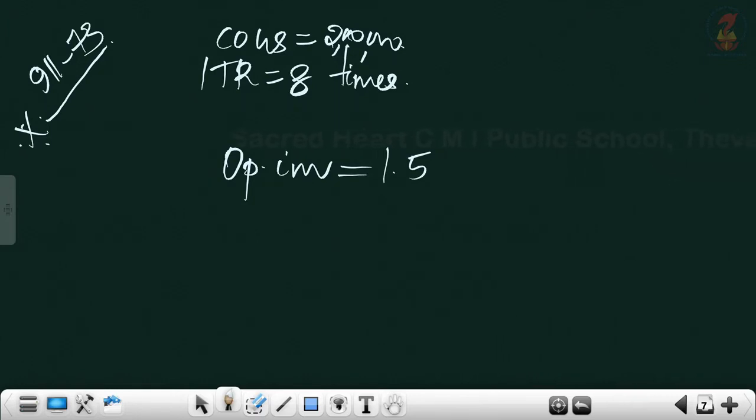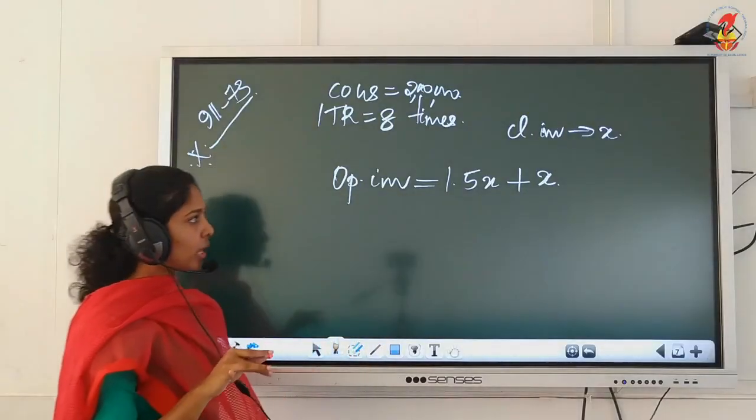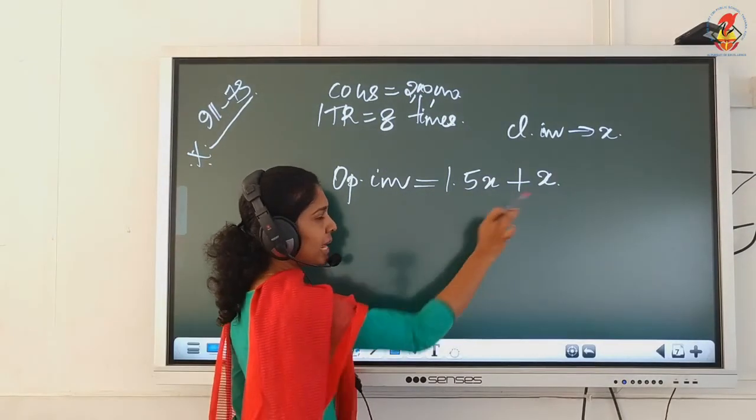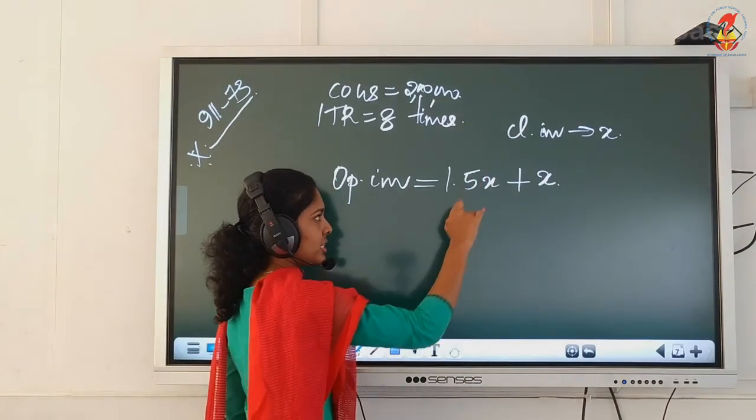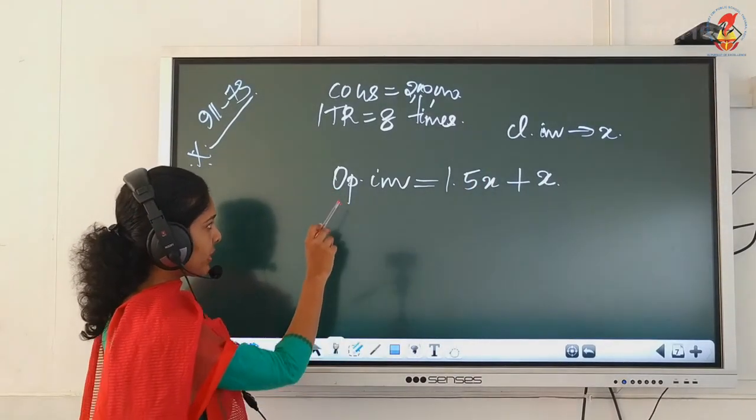So inventory at the end must be assumed as X. So if inventory at the end is X, opening inventory will be 1.5 times means into what? Into X. So it is 1.5x more than inventory at the end. Usually what you write will be 1.5 plus X.